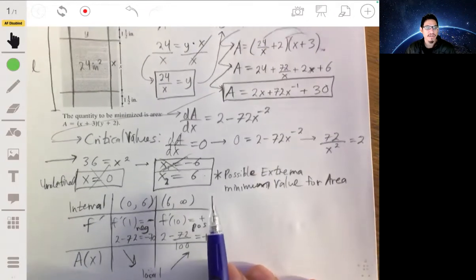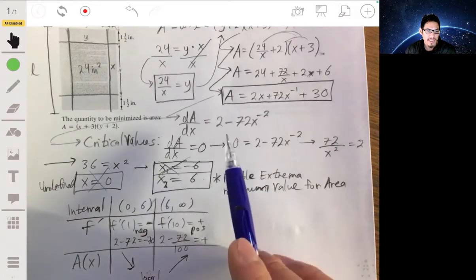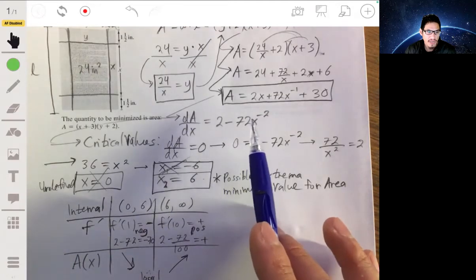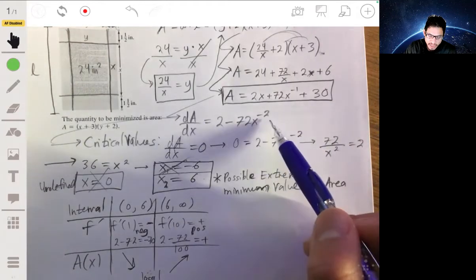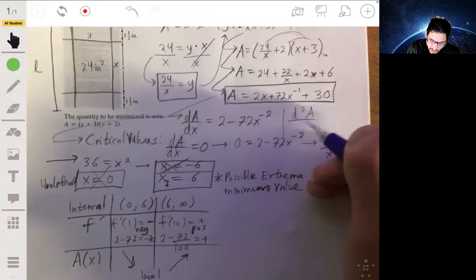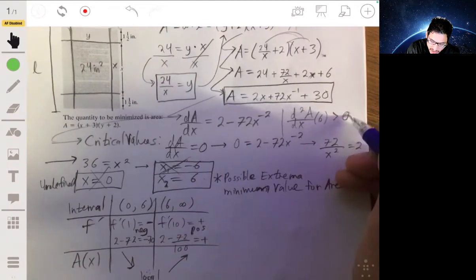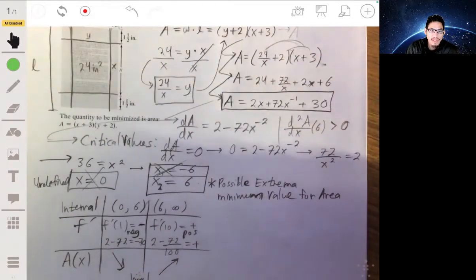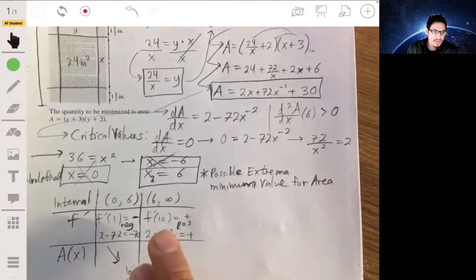Another way you can double check this is to take the second derivative and evaluate it at 6. If the second derivative is positive, it means the graph is concave up, and that's going to be a local minimum. So you can do it that way or this way.